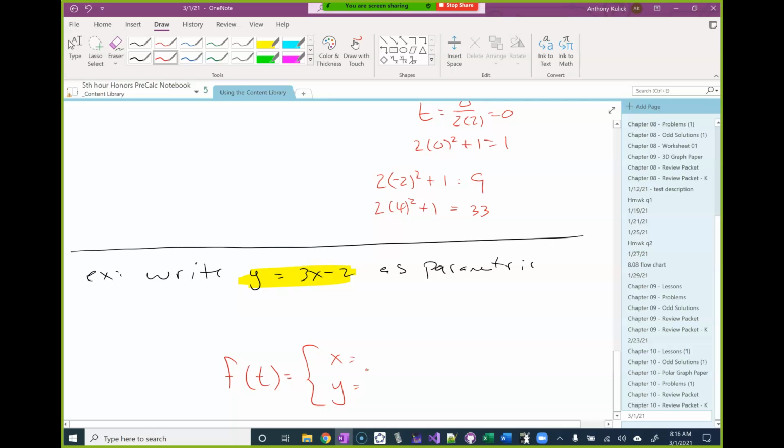What if I just replace x with t? Then y would be 3t minus 1, right? Done. Well, almost done. We still need to define our interval.